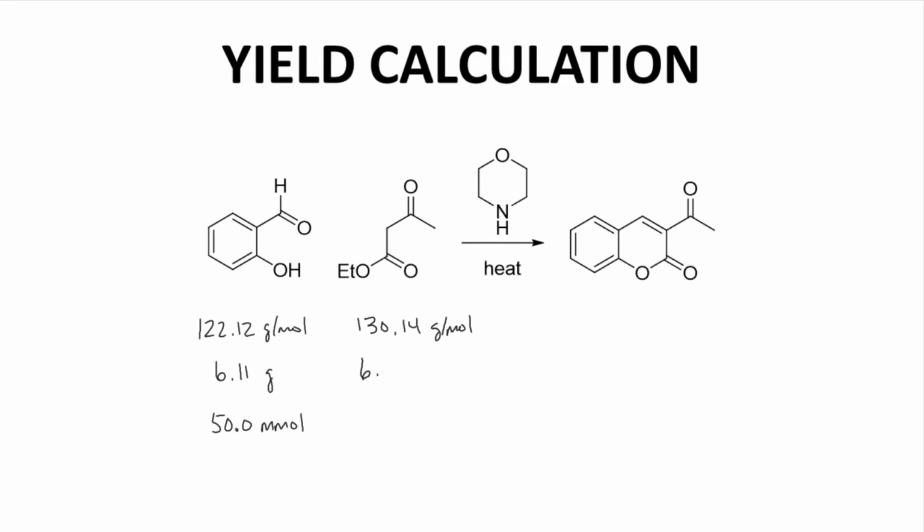We used 6.52 grams for 50.1 millimoles. The morpholine is catalytic, so I'm not going to bother calculating stoichiometry for the base. For these 2 reagents, the aldehyde is the limiting reagent, and our theoretical yield is 50.0 millimoles.